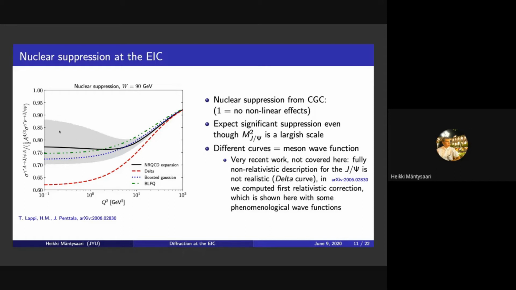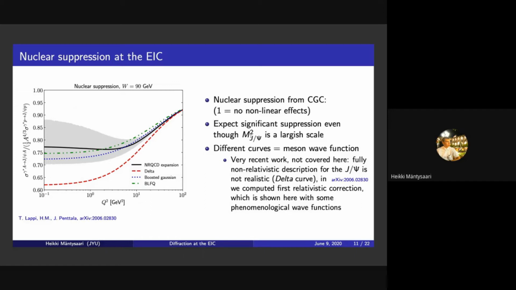There is one case that clearly predicts very different suppression than the others. This is a completely non-relativistic description for the J/psi, which is probably not the most realistic. So we expect significant suppression also at EIC kinematics, even though the J/psi mass is not really small, so it's non-trivial that you actually see significant suppression.